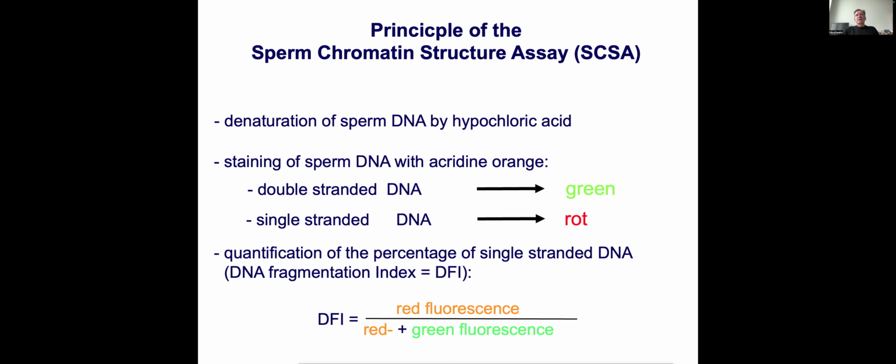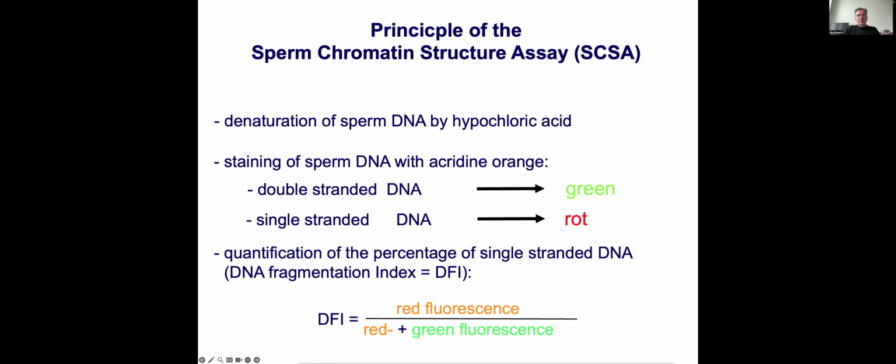And normally we are measuring the DNA fragmentation index, DFI. DFI is measured in each sperm cell, and it is calculated by using the red fluorescence divided by the total fluorescence, meaning red and green fluorescence.